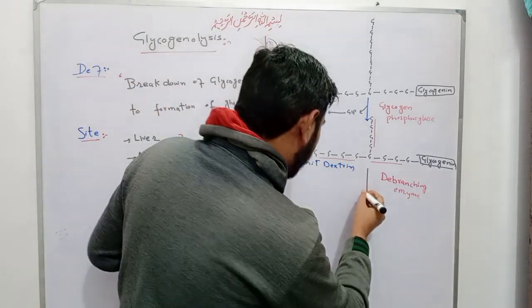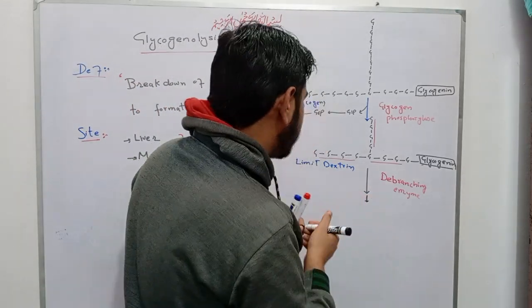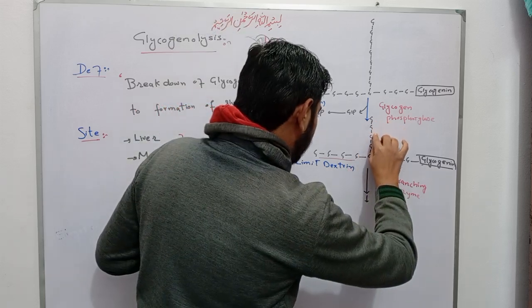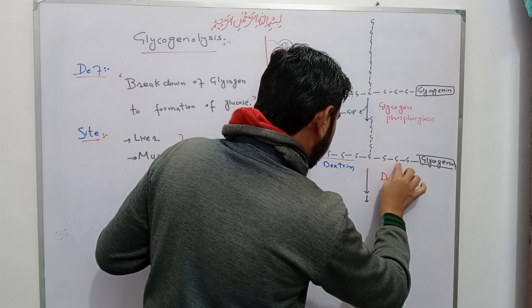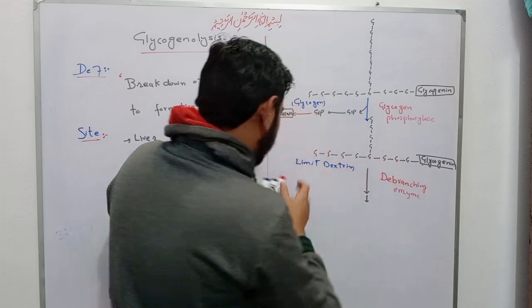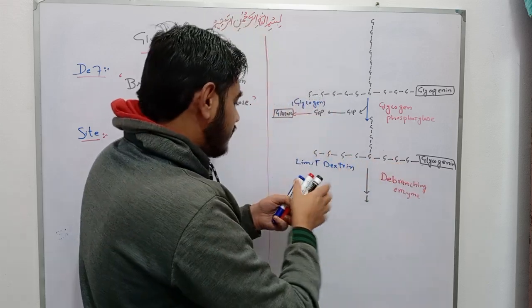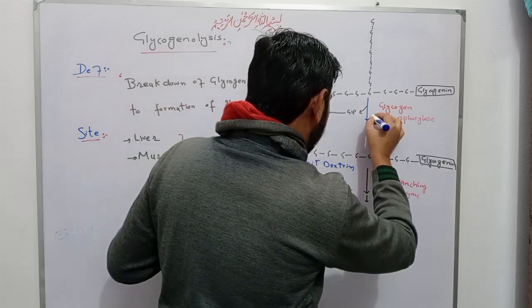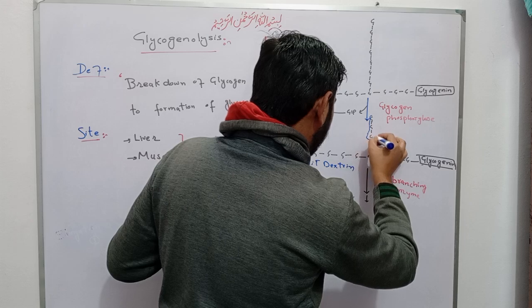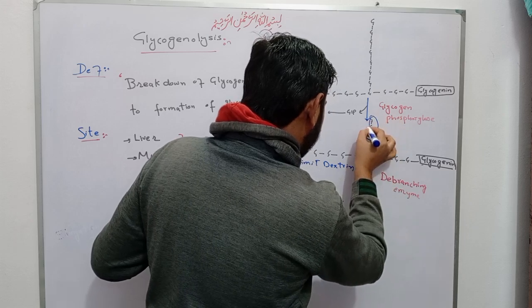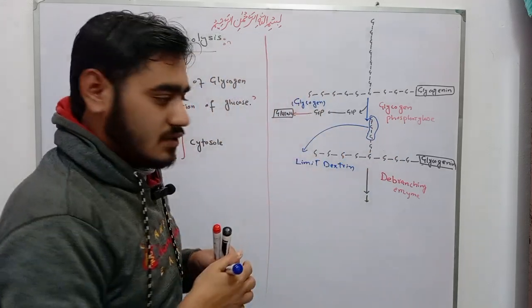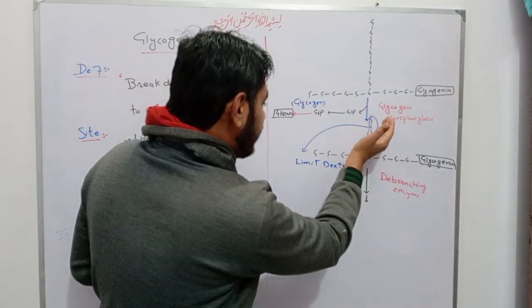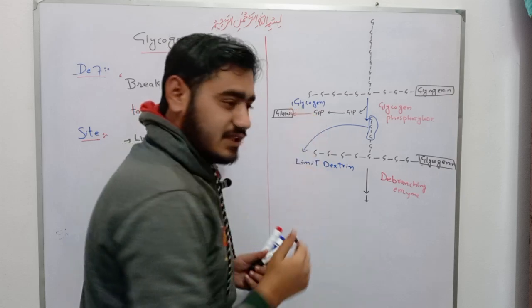What happens is that three glucose molecules are transferred from the upper side to this side with the help of the transferase enzyme.